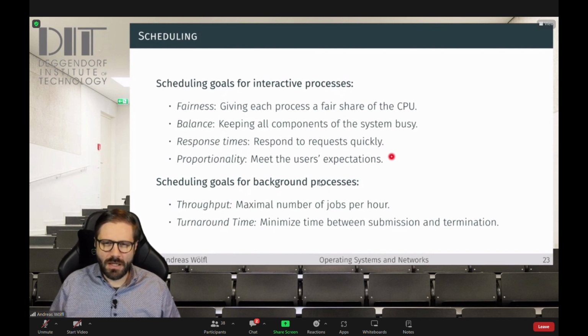Okay, and given these goals, let's see which basic scheduling algorithms exist and how the Linux kernel combines them in order to come up with what we have right now. Because Linux has a very sophisticated scheduling algorithm, and this is a current subject of research.